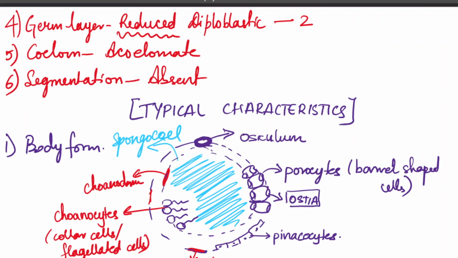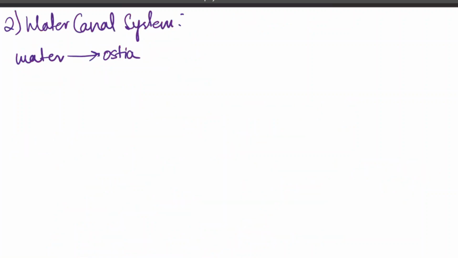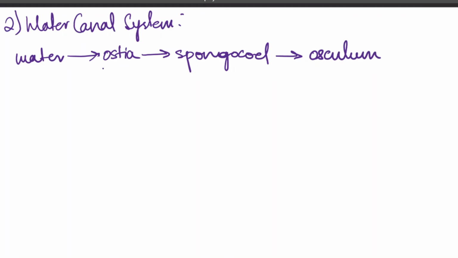Water enters through the ostia, then goes to the spongocele. The spongocele is nothing but the cavity inside, and then the water comes out through the osculum. Remember, ostia are many, many openings. The osculum is only one main opening at the top.